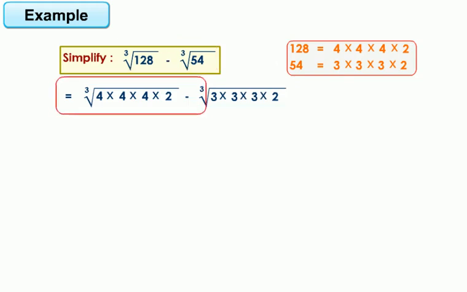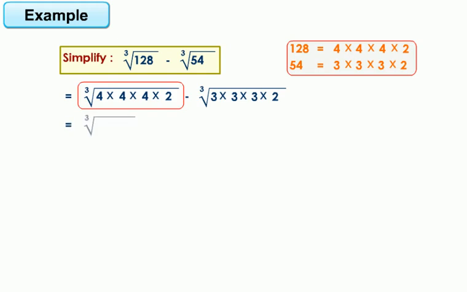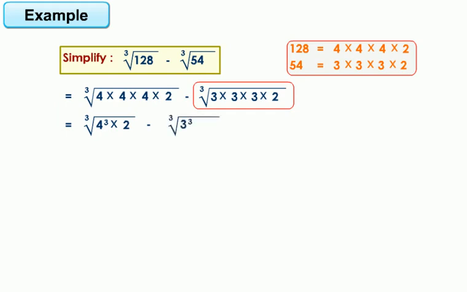Now, cube root of 4 into 4 into 4 into 2 can be written as cube root of 4 cube into 2, and cube root of 3 into 3 into 3 into 2 as cube root of 3 cube into 2.